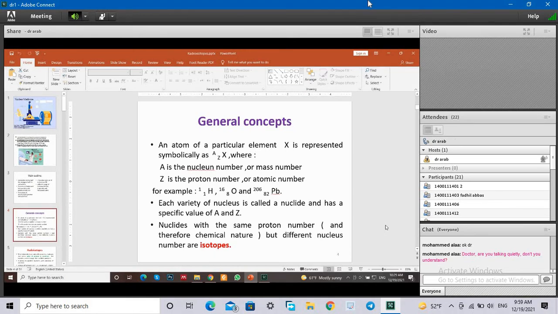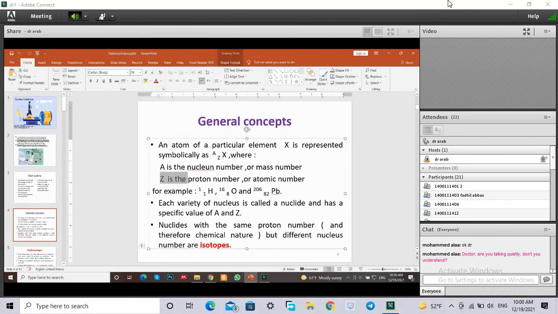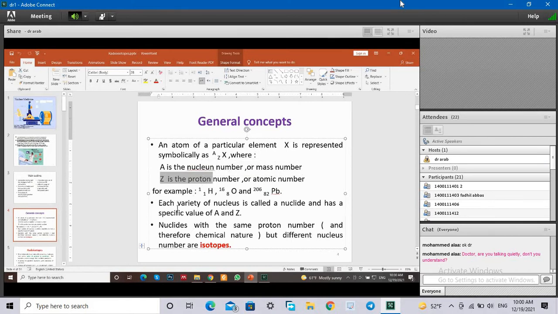The number of protons is named the atomic number, shown with capital Z, and the number of protons plus the number of neutrons is called the mass number, shown with A.